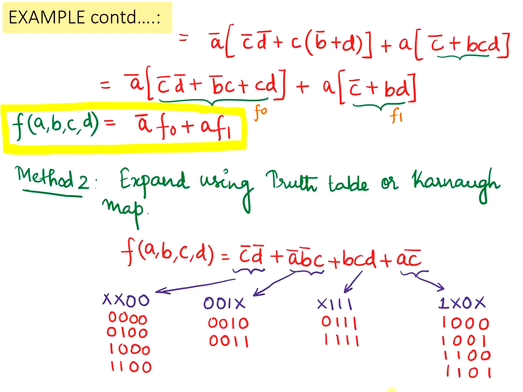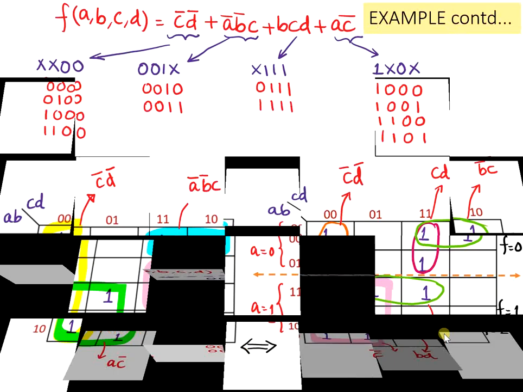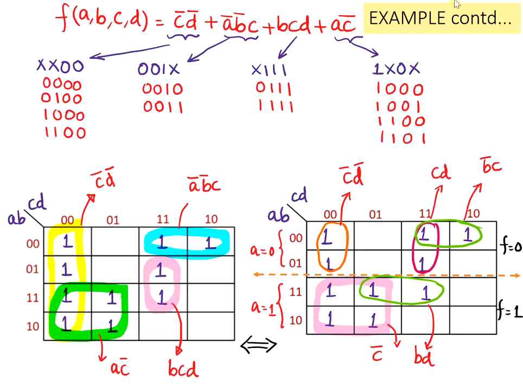Now using these possible minterms, I can easily map them onto the Karnaugh map. So I have repeated the same thing here again, and I am going to map them onto the Karnaugh map. So this is my original function f of a, b, c, d.